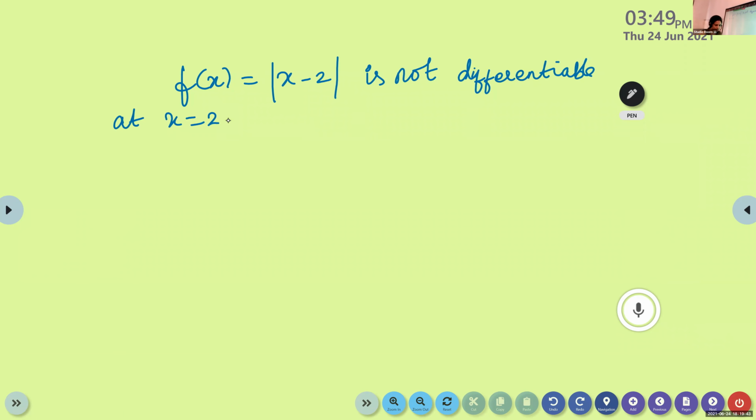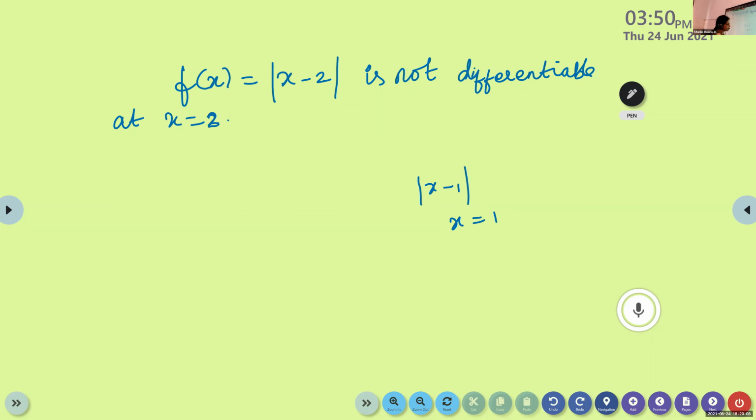Okay, so the function is given as modulus of x minus 2. Look at this, children: whenever it is x minus 2, it is not differentiable at x is equal to 2. Suppose I take the function x minus 1. It is a very important 1 mark question. Mod x minus 1 is not differentiable at x is equal to 1.